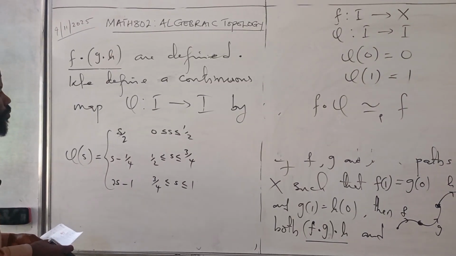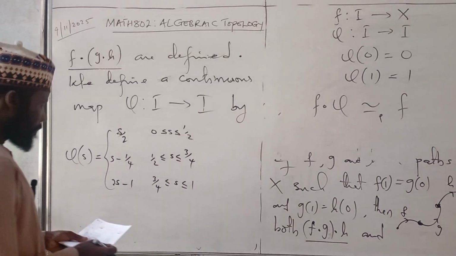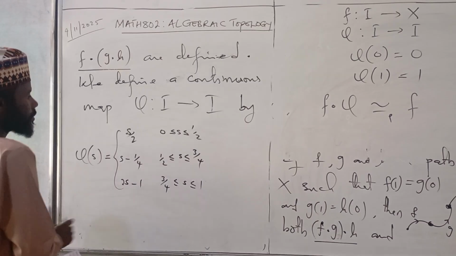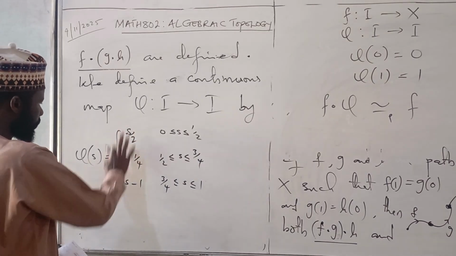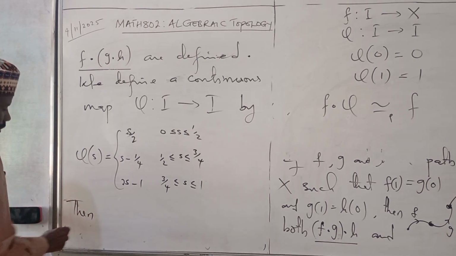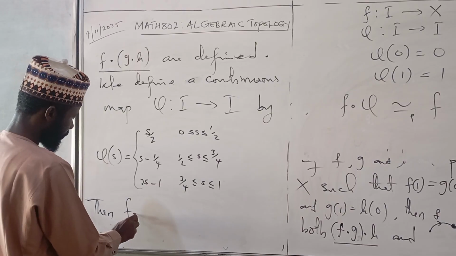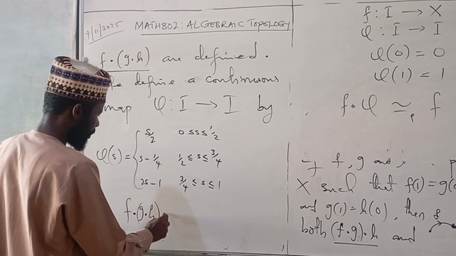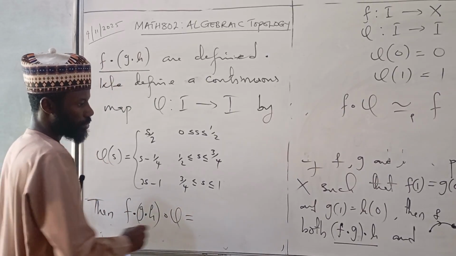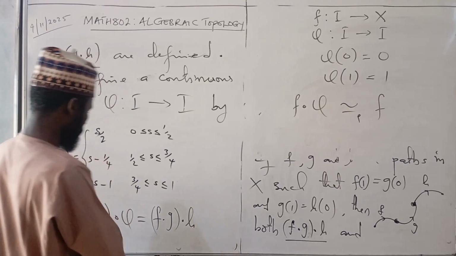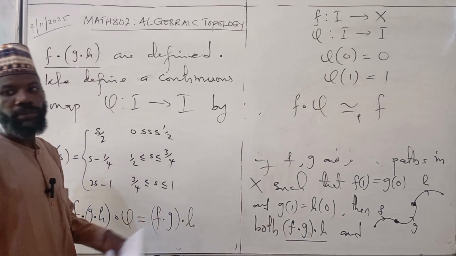So we want to see that, with this map, if you check this, you see that F dot G dot H composed with phi will be equal to F dot G dot H. If you do this composition, you arrive at this.